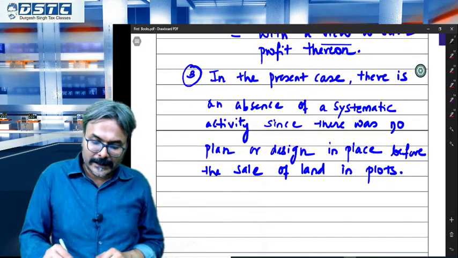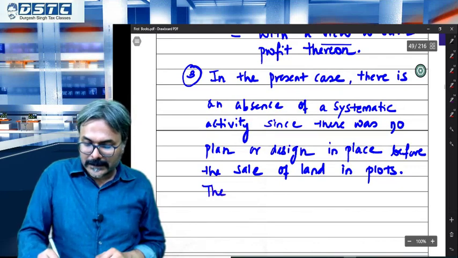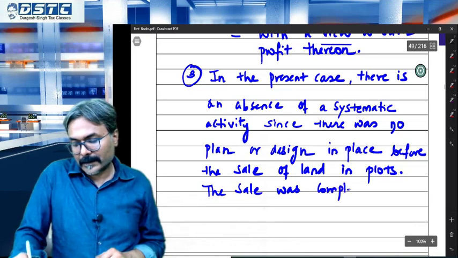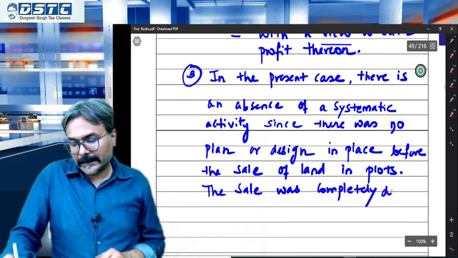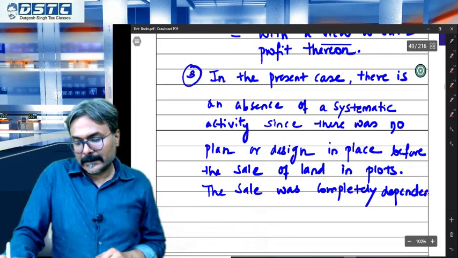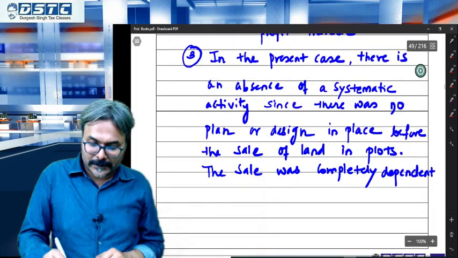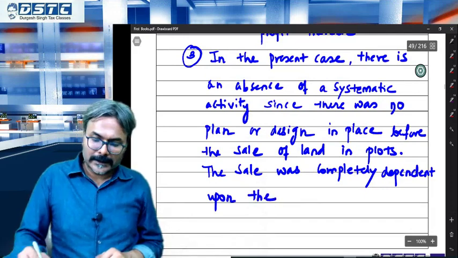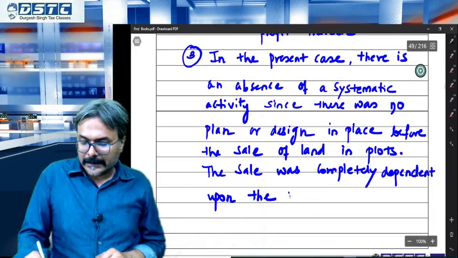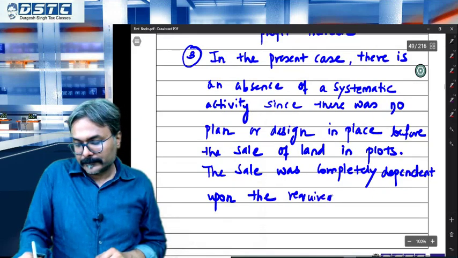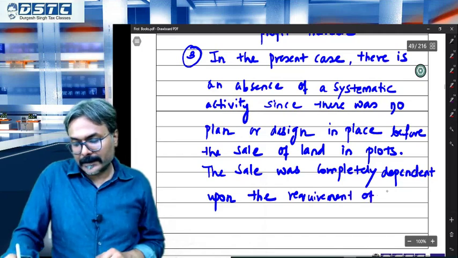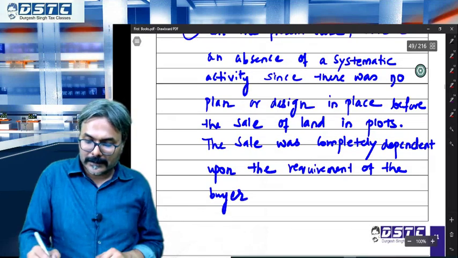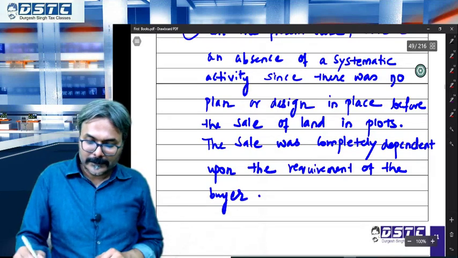Before the sale of land in plots, the sale was completely dependent upon the requirement of the buyer. Full stop.